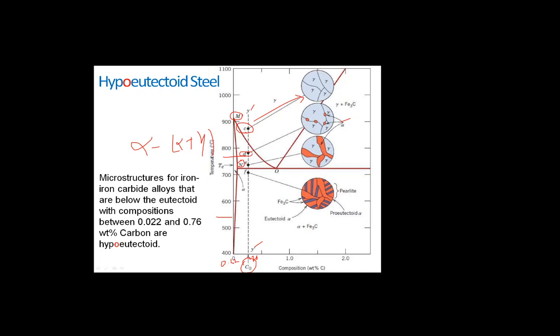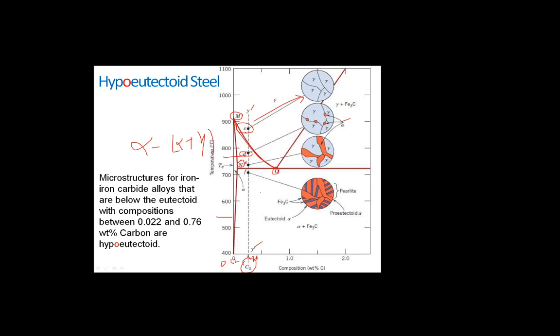On the other hand, the change in the composition of the austenite is more dramatic, proceeding along the alpha plus gamma to gamma boundary line, the line M to O, as you can see. The transformation happens when the temperature is reduced.